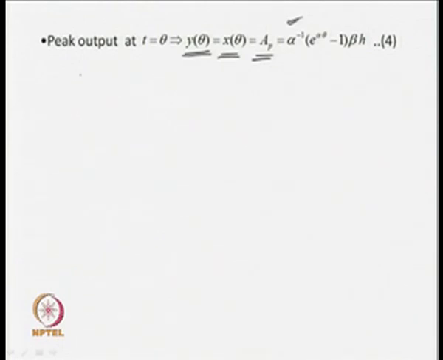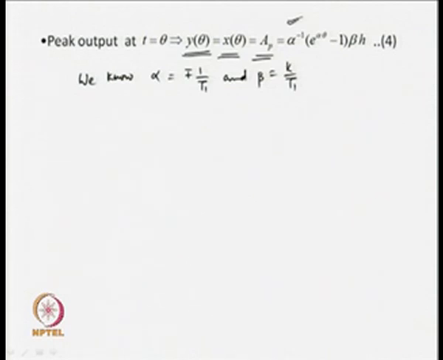Now, we know that the constant alpha is equal to minus plus 1 upon T1 and beta is equal to k upon T1.